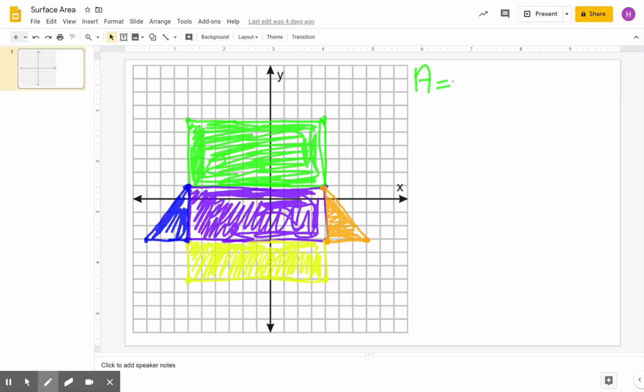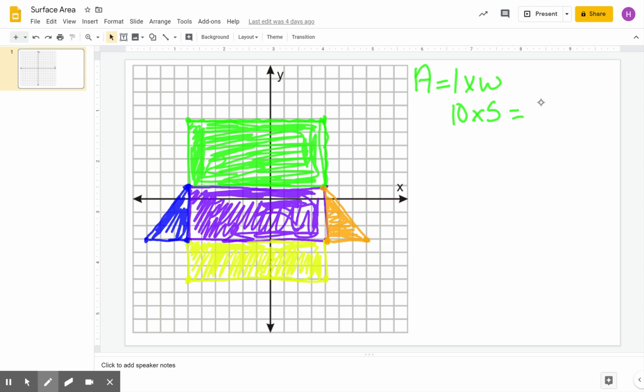Area equals length times width. So our length is 1, 2, 3, 4, 5, 6, 7, 8, 9, 10. And our height, or our width, 1, 2, 3, 4, 5.